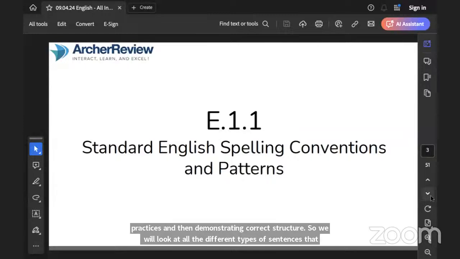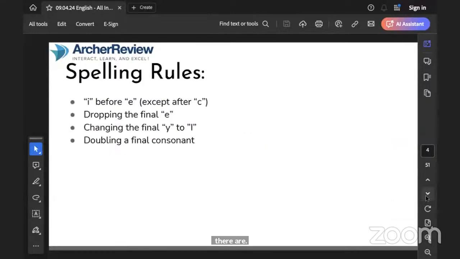So up first, spelling conventions and patterns. Many of you have probably heard of a few common spelling rules like the I before E except after C. Does that sound familiar? Well, we're going to look at a few of the exceptions to that rule.